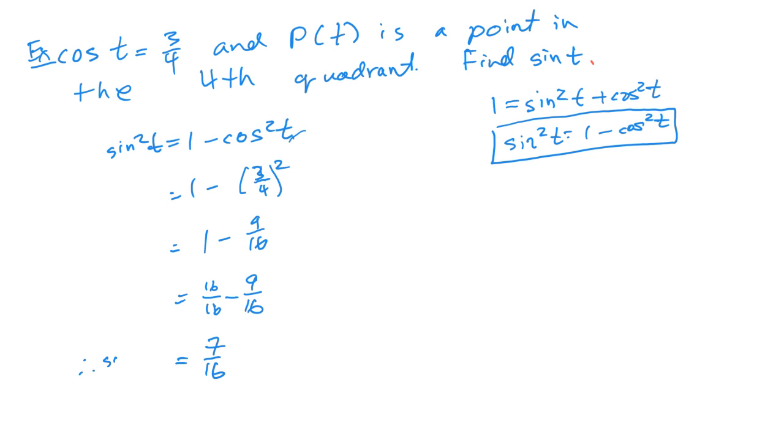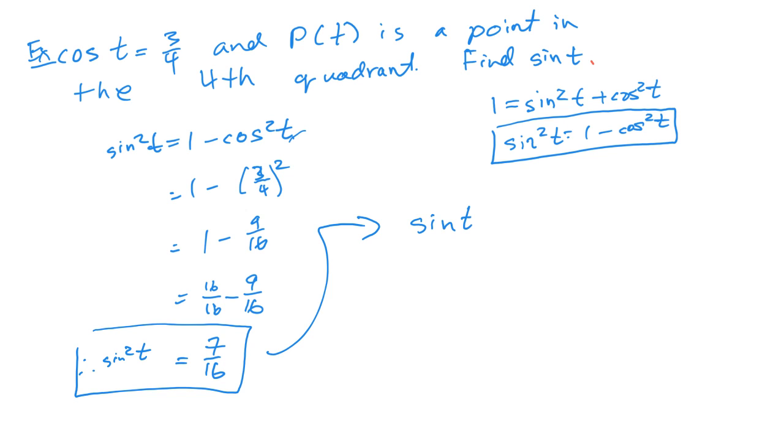So therefore, sine squared t is equal to 7 over 16. Now, we have to solve for this. So sine of t is going to be plus or minus the square root of 7 over 16. Now, you simplify. So sine of t is equal to positive square root 7 over 4, or negative square root 7 over 4. Now, here is the rule. Remember, CAST rule.